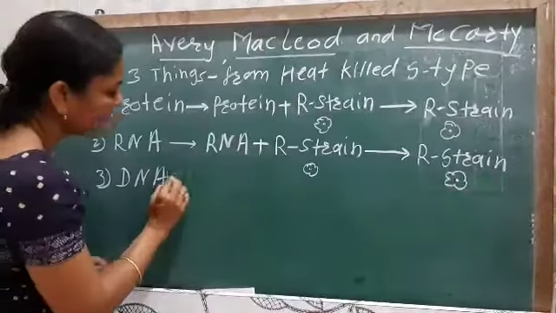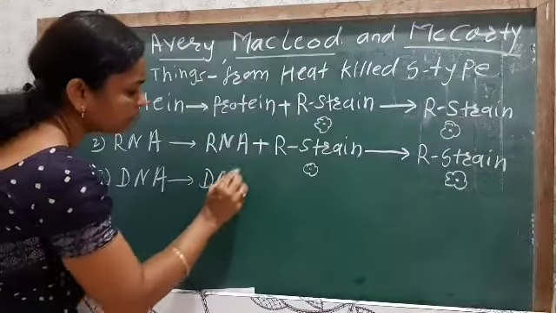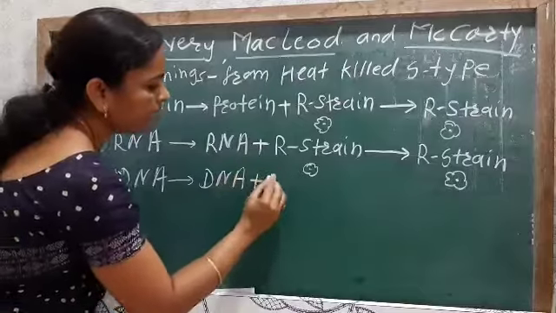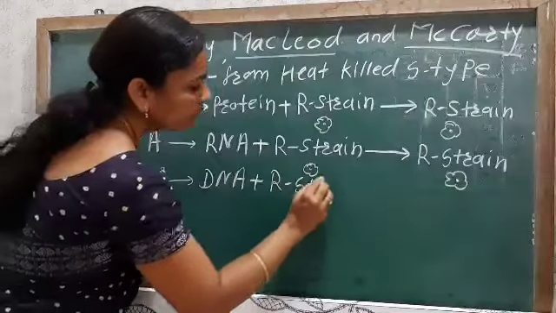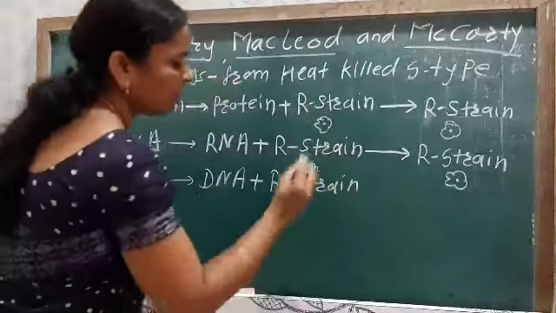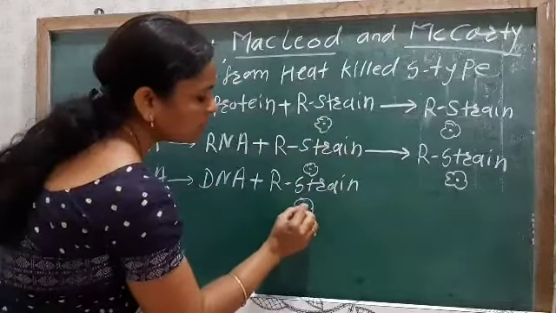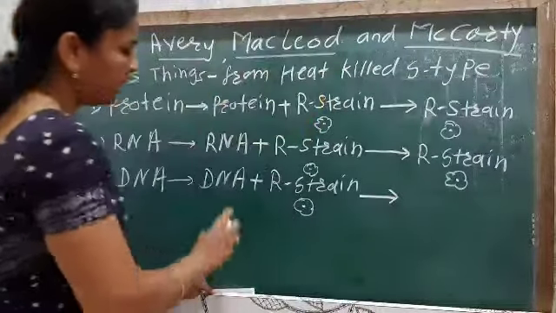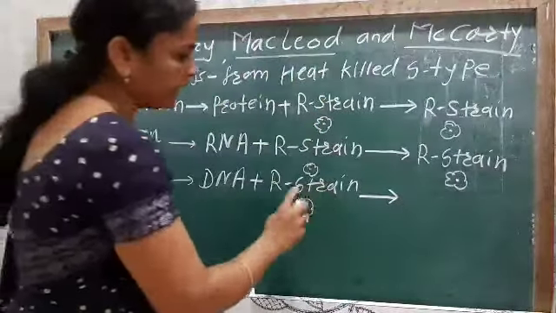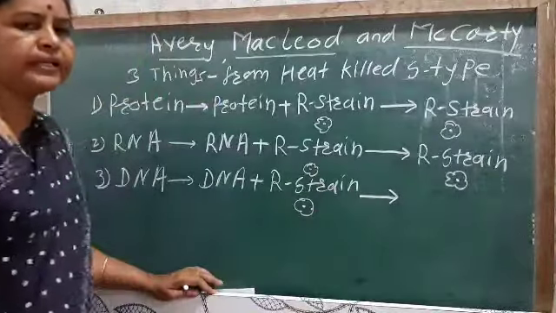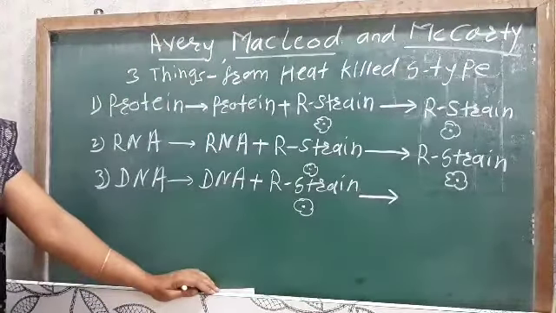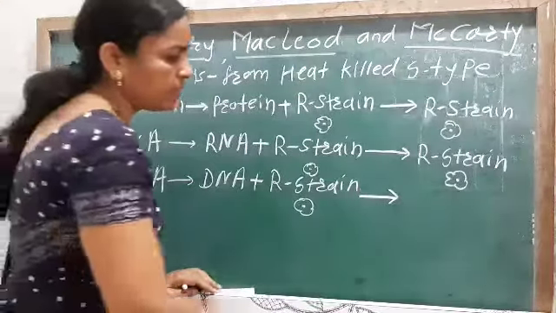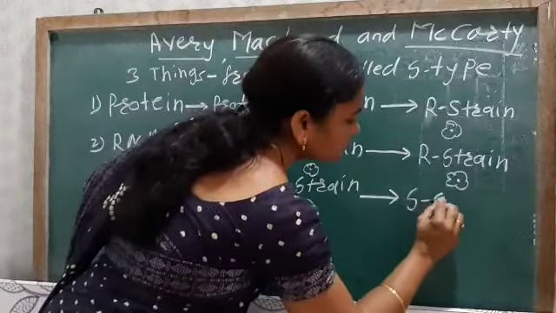Then in the DNA, he added R strain bacteria, which are the rough bacteria, and observed. So in this mixture he observed that the R strain gets transformed and converts into the S strain.